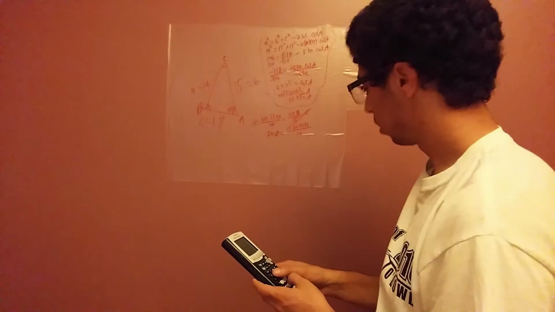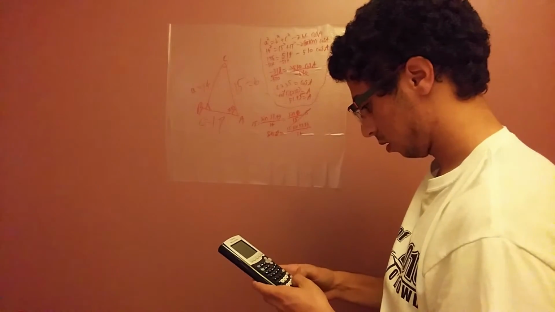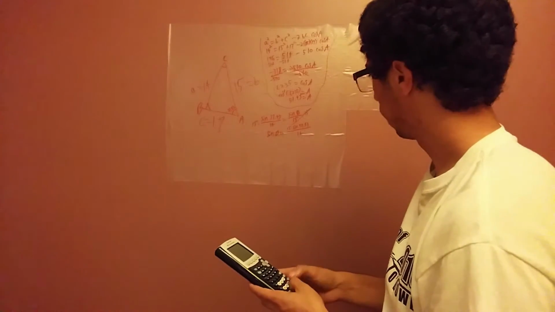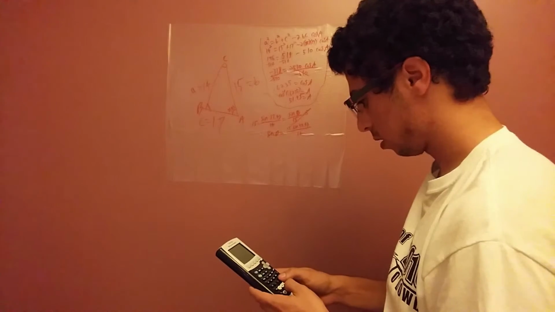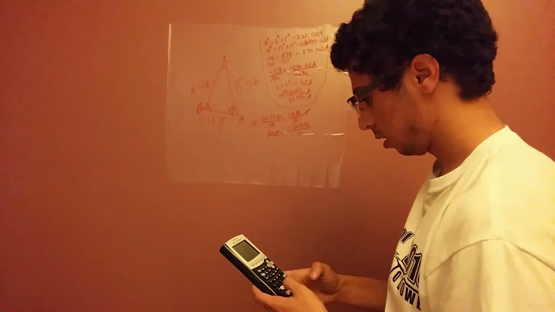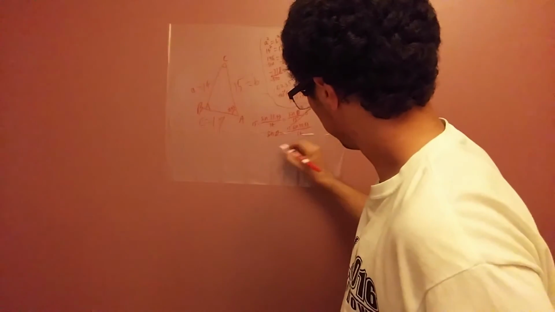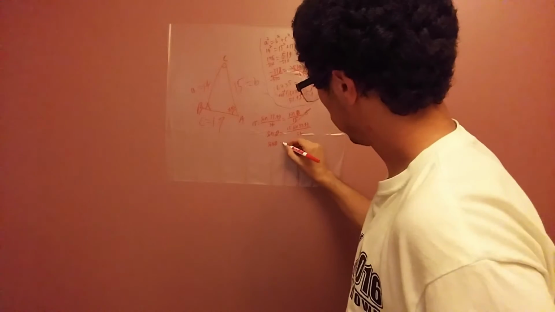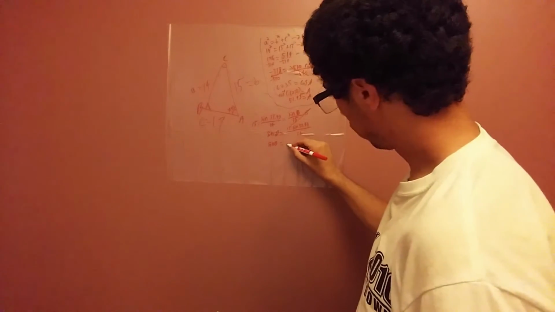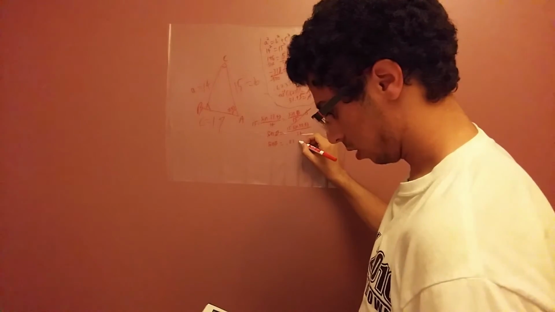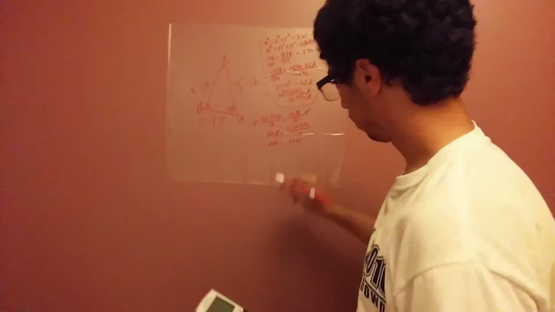So 15 sine 51.43 divided by 14 equals, sine B equals 0.8377.